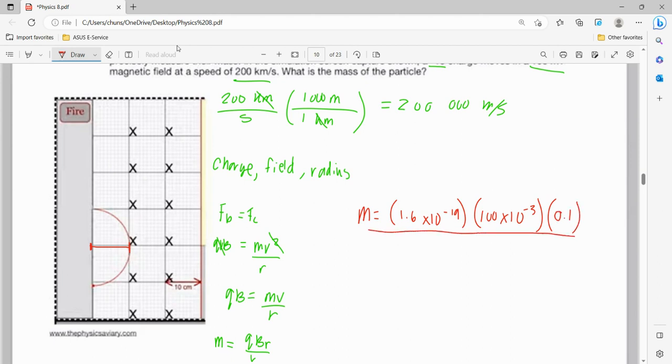And this is over our velocity, which is 200,000 meters per second. So that gives us a mass equal to a mass of 8 times 10 to the negative 27 kilograms.